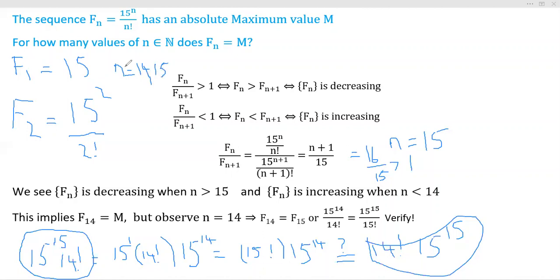So the answer to this question after all the talking is just 2. Let me write it over here. 2 is the answer. Answer to the question is 2 values. Those are the 2 maximum values. And hopefully that makes sense with respect to the increasing, decreasing stuff that I wrote down. So this is the answer right here.